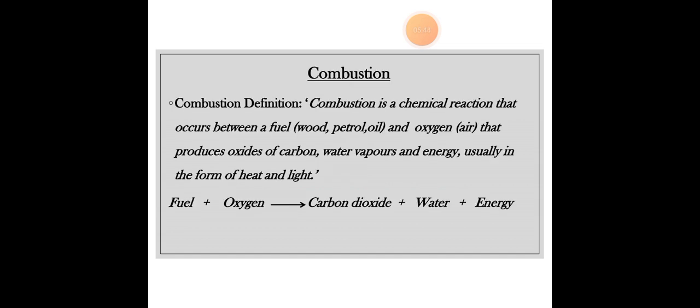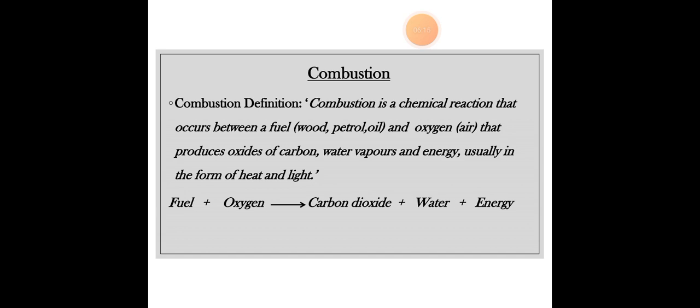Then combustion. The definition of combustion: combustion is a chemical reaction that occurs between the fuel, which can be petrol or oil, and oxygen present in the air, that produces oxides of carbon, water vapor, and energy, usually in the form of heat and light. Here you have the word equation: fuel plus oxygen gives you carbon dioxide, water, and energy.